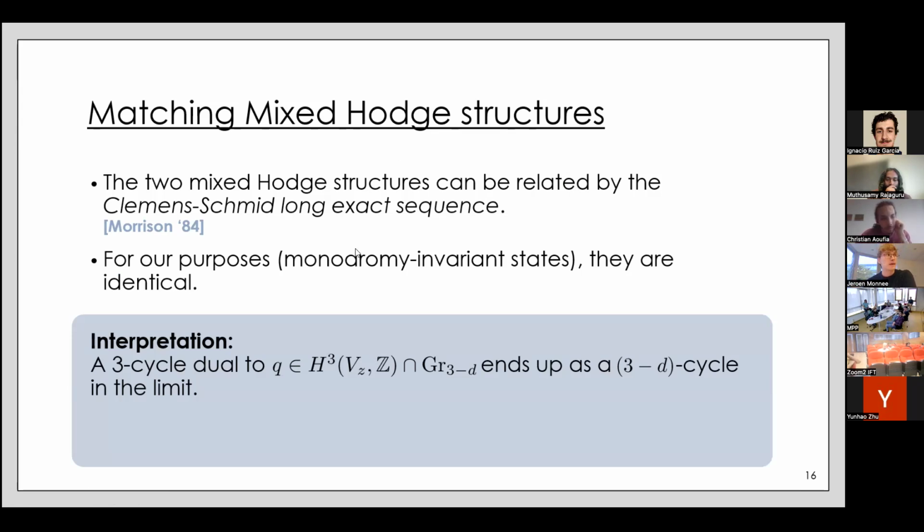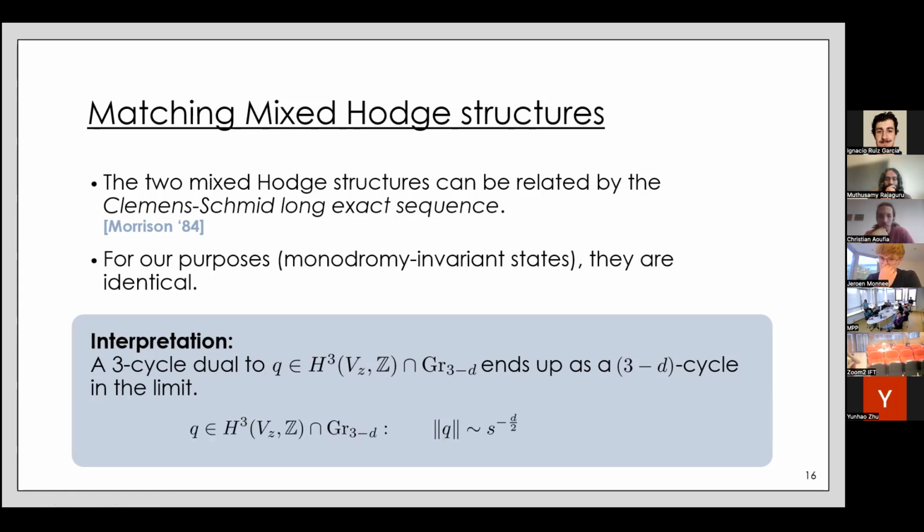So what this is saying is that if I start away from the degeneration with some 3-cycle whose dual is some element in H3 and it lies in GR(3-D), then what this is telling me is that when I take the limit, this 3-cycle will end up as a (3-D)-cycle in the limit. So it will lose D of its legs. D of its legs will shrink to 0 size.